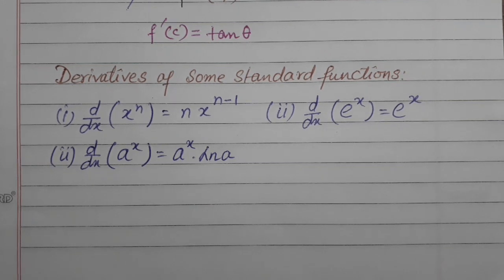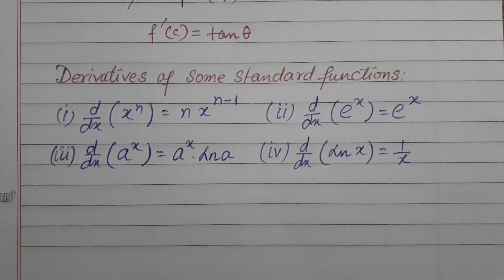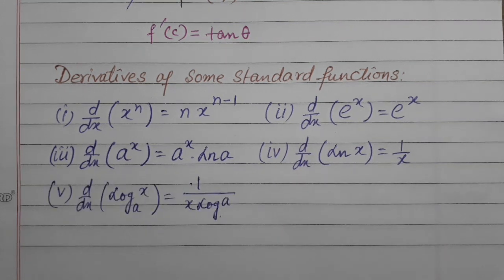Third, d/dx of a to the power x is a to the power x times ln a, or log a to the base e. The fourth one is differentiation of log x to the base e with respect to x, which is 1/x. The fifth one is d/dx of log x to the base a, which equals 1/(x log a). Here log is always of base e.